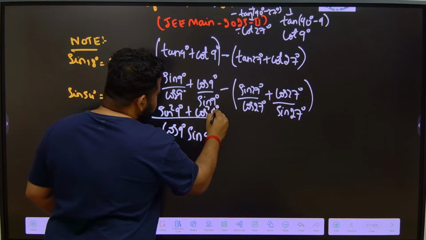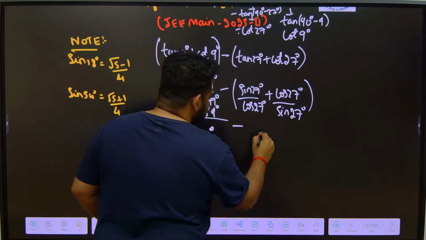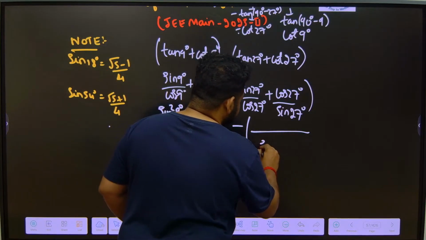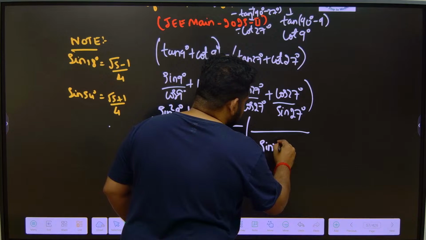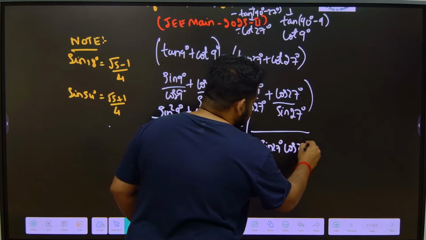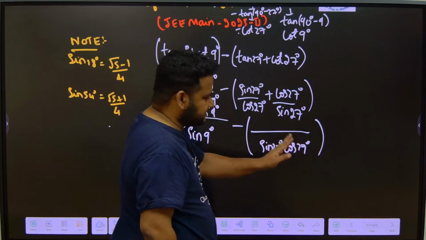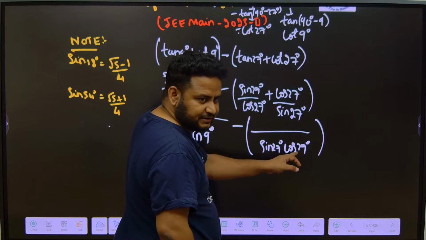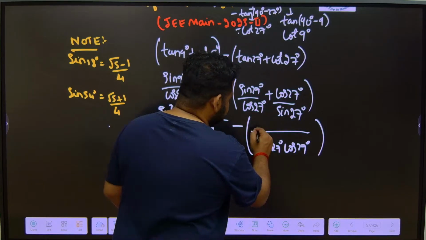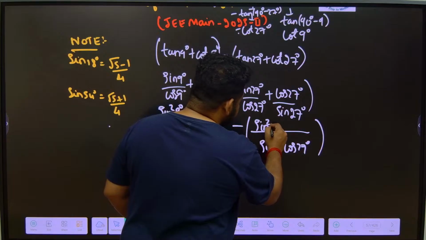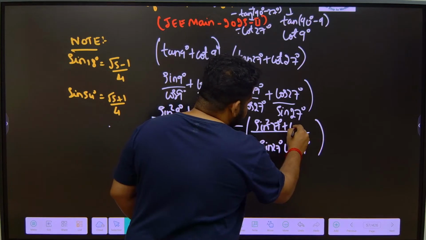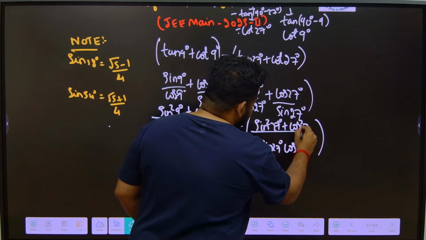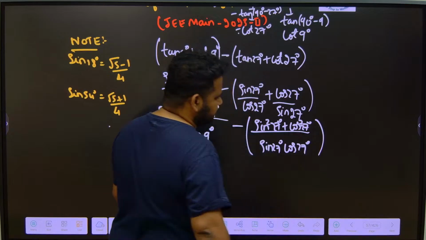The LCM for the other will be sine 27 and cos 27. So the denominator will become sine 27 into cos 27, and the numerator will become sine square 27 plus cos square 27.